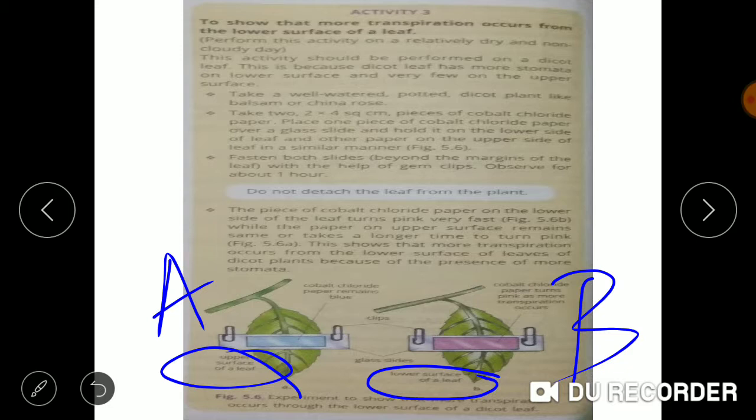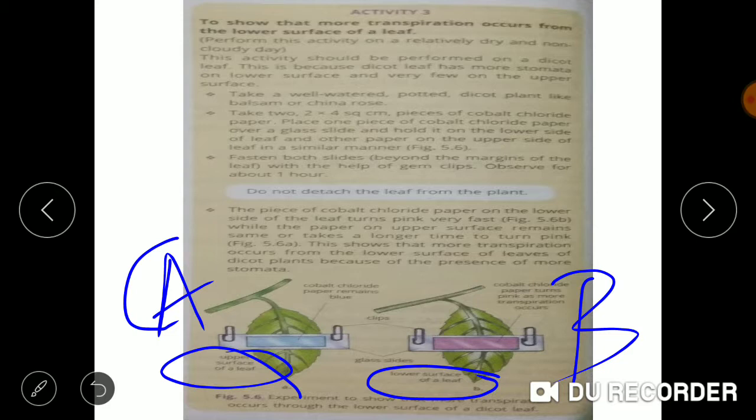Although the color in setup A has also changed, it takes more time as compared to setup B. So this change in color, as we all know, is because cobalt chloride paper changes color only in the presence of moisture. So this moisture has come because of the loss of water in the form of water vapor.